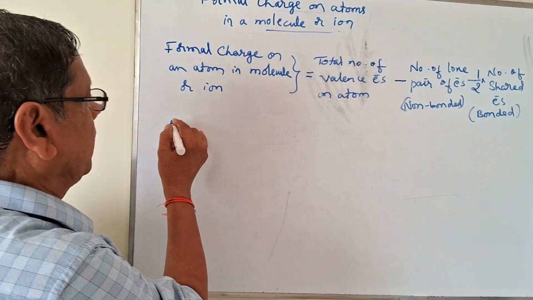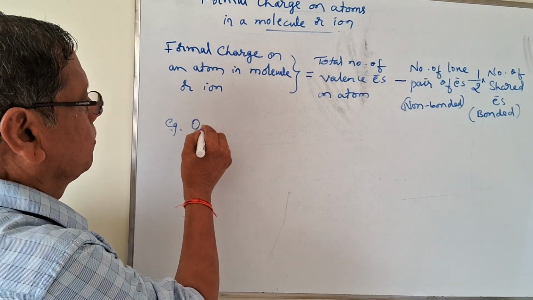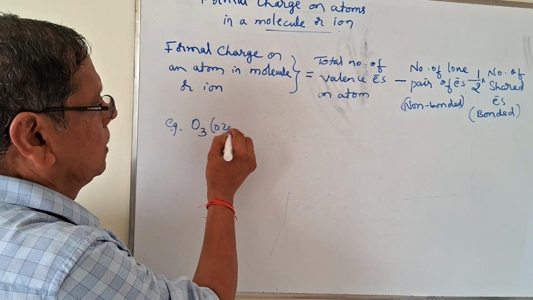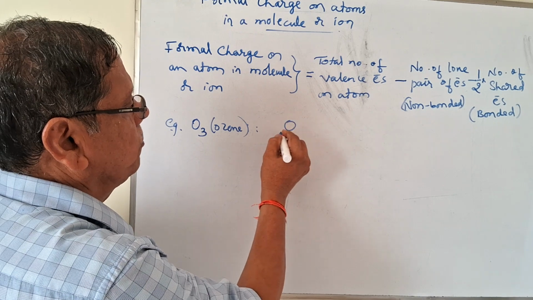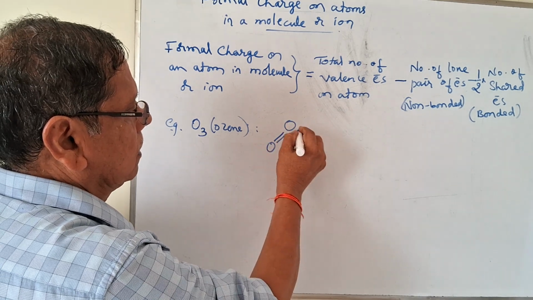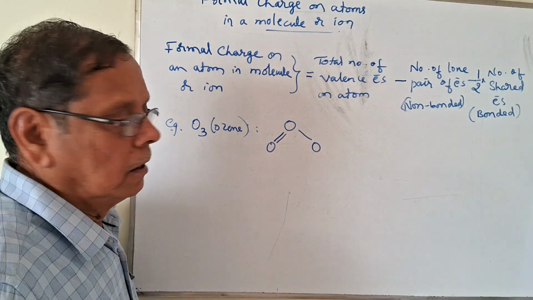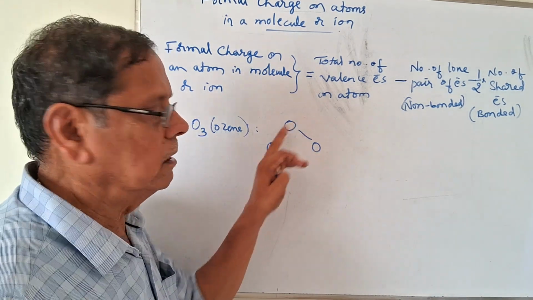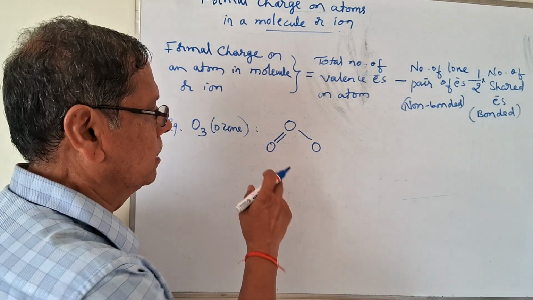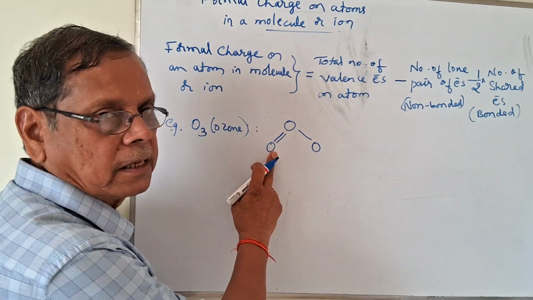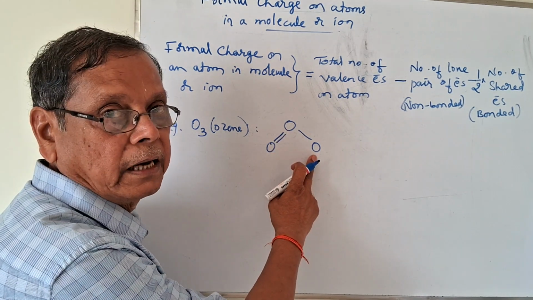Let us take, for example, the ozone molecule. This ozone is actually represented by the structure that is called the Lewis structure, like this. Even though it looks like all the three atoms are identical, there is a difference among the atoms. These two are bonded by a double bond and these two are bonded by a single bond.